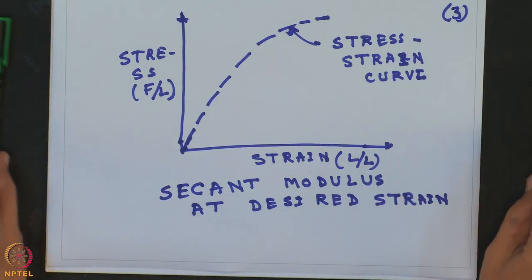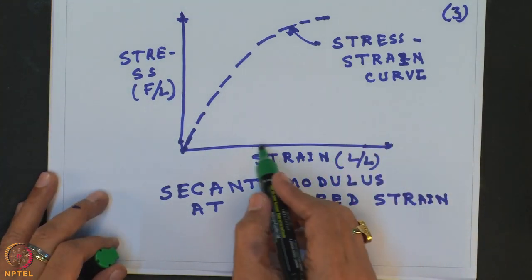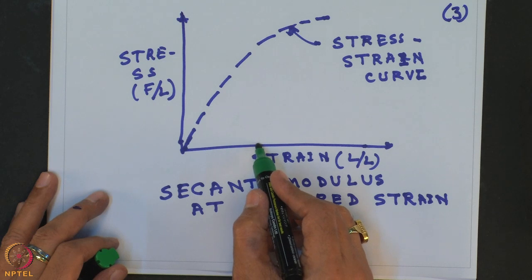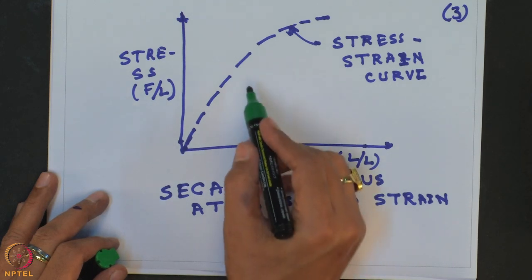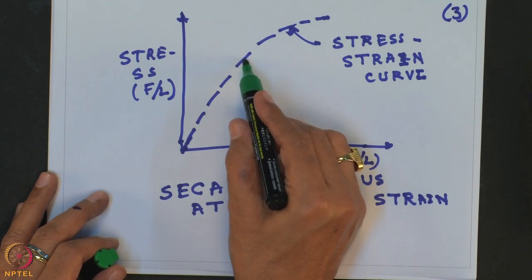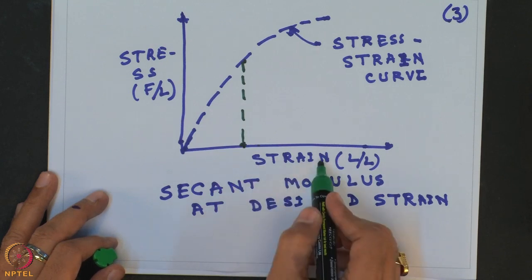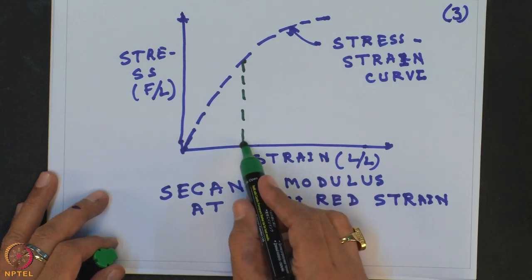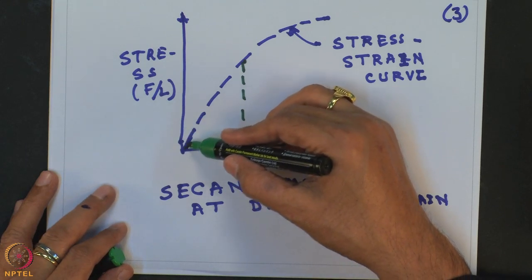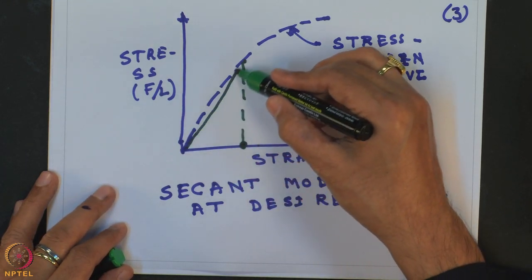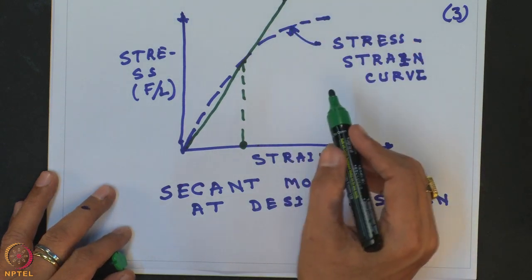For any strain value, for a particular strain, you can draw a line.